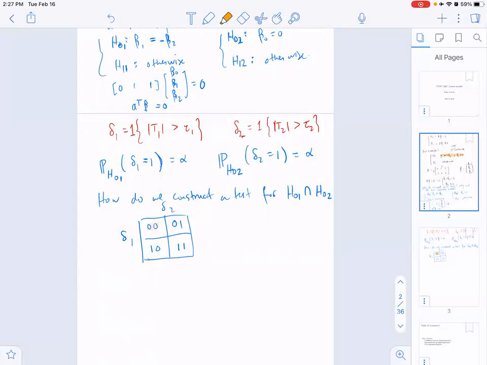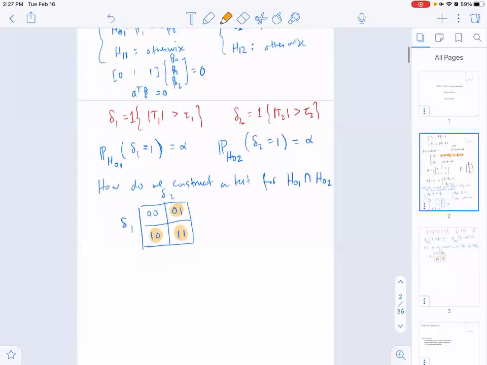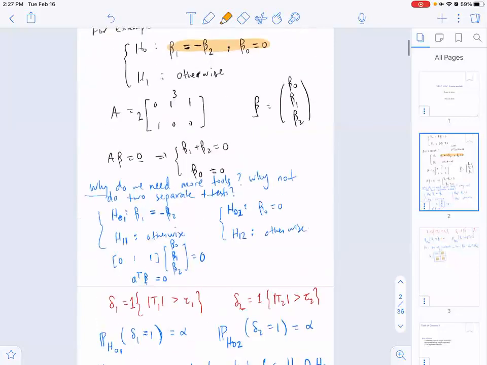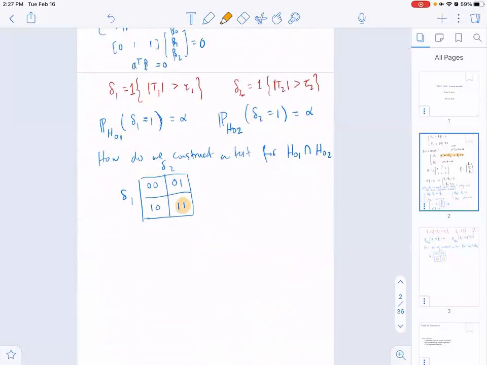Okay, we run both t-tests and reject only if the 1-1 situation happens. There are different ways you can approach this. You can say we reject if both of them happen. But why not consider these other cases? When one of them is 1, it's saying that one of these is violated, and we want both of them violated. You could reject based on only this one, but you would lose information.